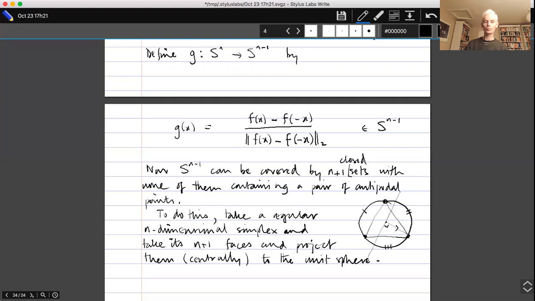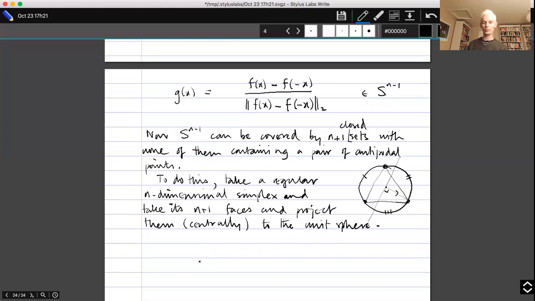And I've taken the faces with their boundaries, and so these sets, when I've projected them onto the unit sphere, are closed. So this gives n plus 1 closed sets.